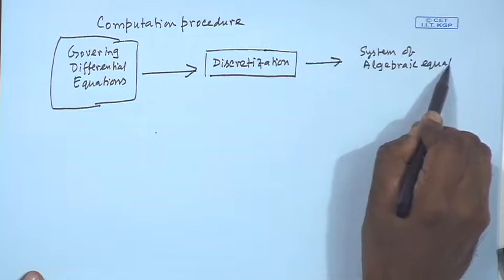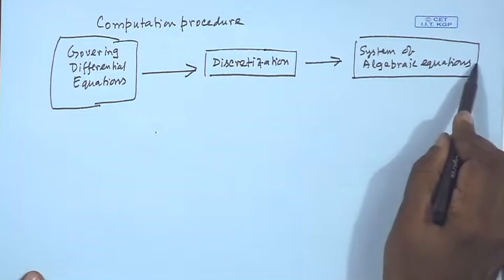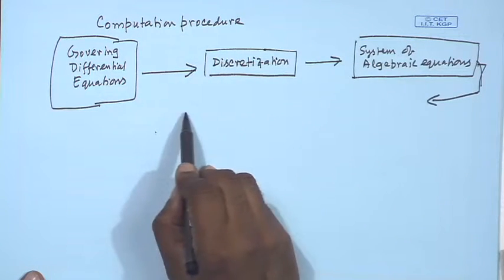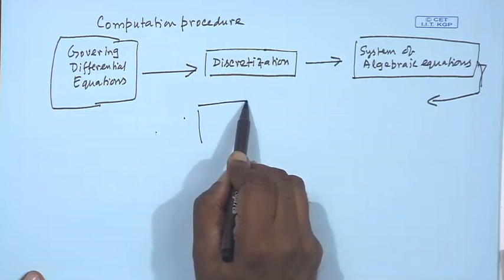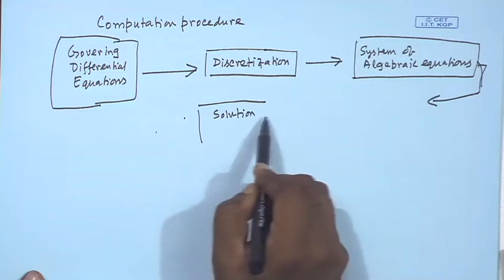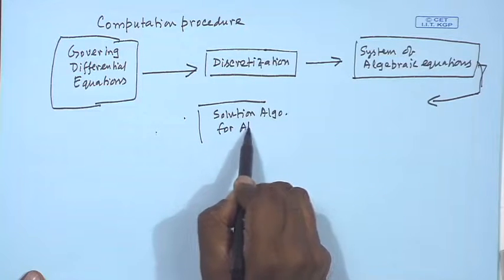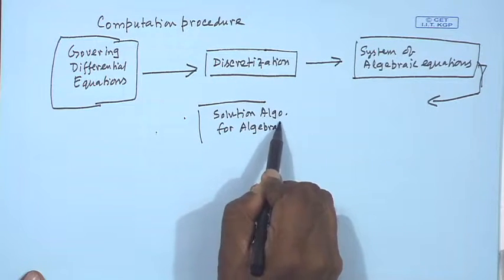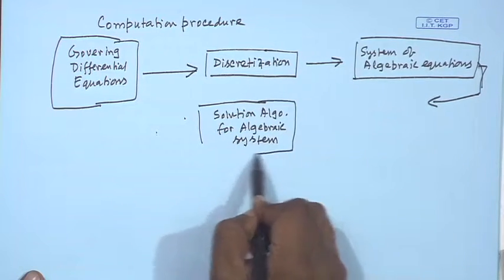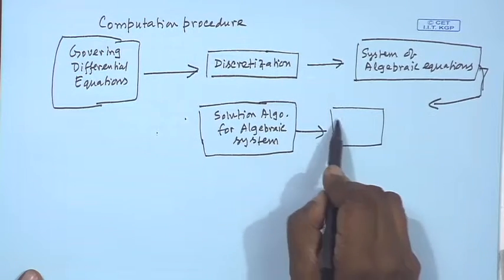Now, it need not be linear. If it is a linear boundary value problem, then directly we can compute. If not, then we have to go for some solution algorithm for the algebraic system, like Newton's linearization technique and all, and then we get the approximate solution.